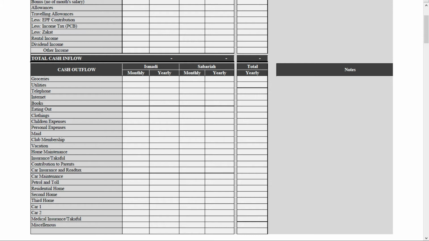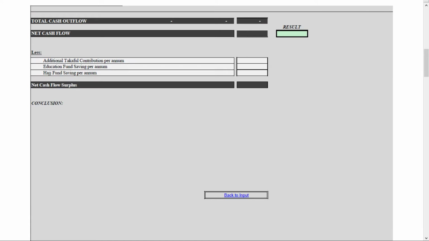For this one, you have to do a little bit of calculation to get the figure. Then the net cash flow is the difference between cash inflow and cash outflow. If the cash inflow is greater than the cash outflow, then it becomes surplus. If outflow is more than inflow, it becomes deficit.